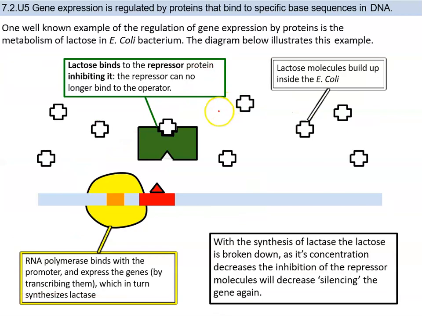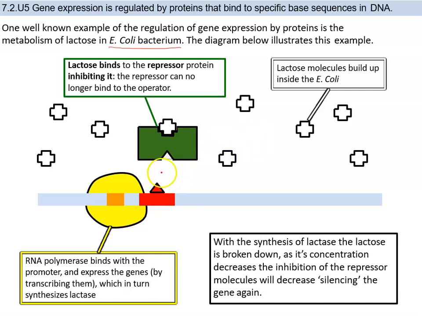Let's look at the next slide, and then you will see how the cell, actually the E. coli bacterium, notices the presence of lactose. Once there is lactose in the environment, this repressor binds to that lactose.